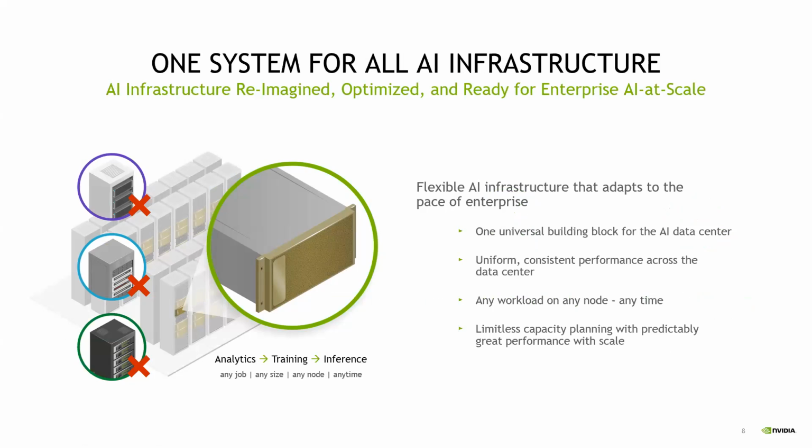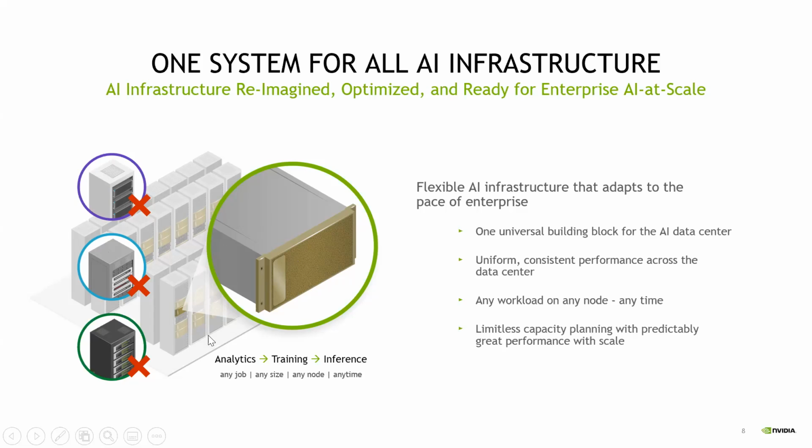So earlier, what you had to do was have a training cluster, an inference cluster, and also an analytics cluster. But right now, with just one server sitting inside your data center, all of these servers will become obsolete. All of these servers were highly optimized for their jobs because they had different architectures, but now the A100 is highly optimized for all of these jobs together.